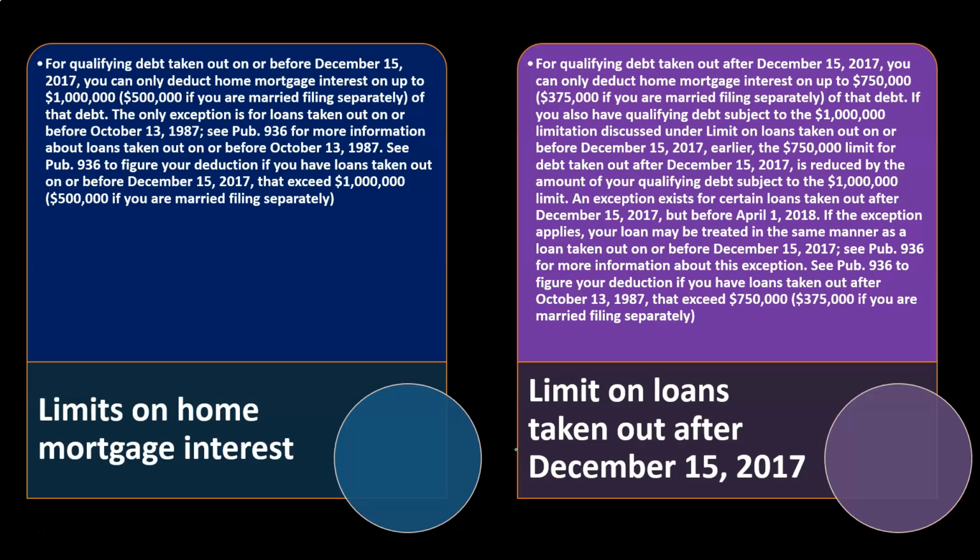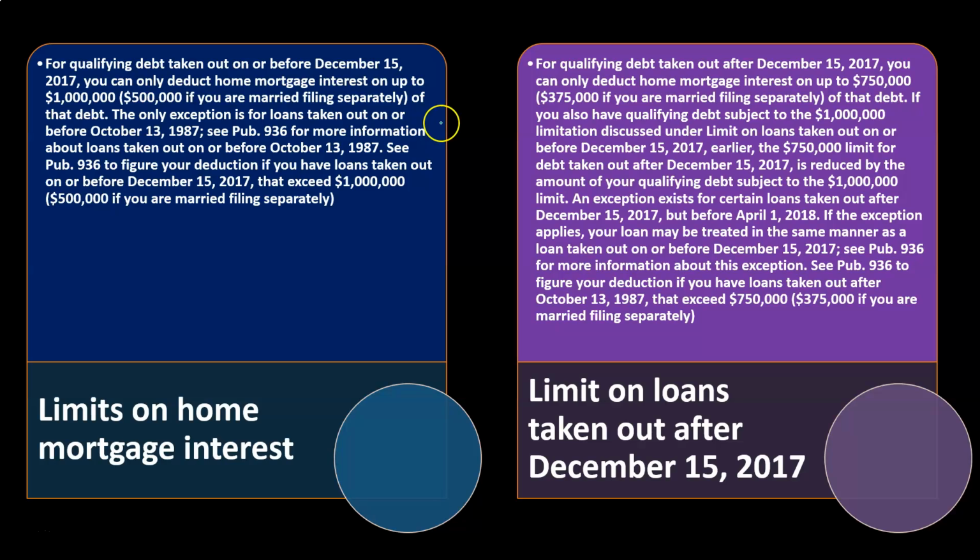For qualifying debt taken out after December 15th, 2017, you can only deduct home mortgage interest on up to $750,000, $375,000 if you are married filing separately, of that debt. You can read the rest of this on your own here, but that's the general rule when you're thinking about that basic cutoff date.